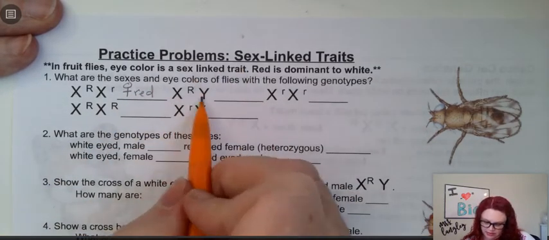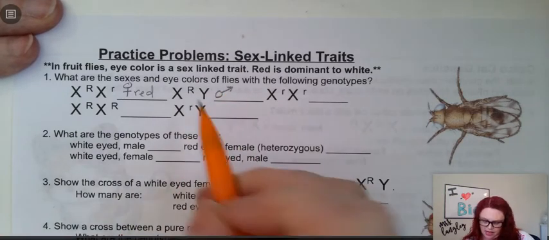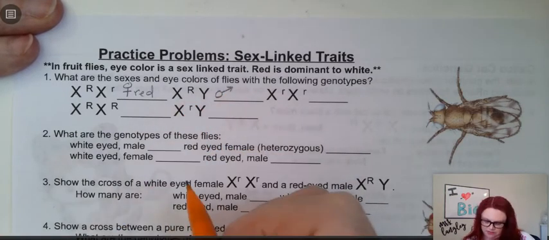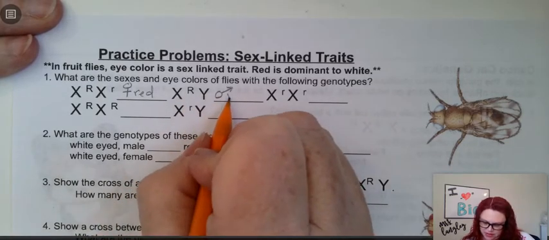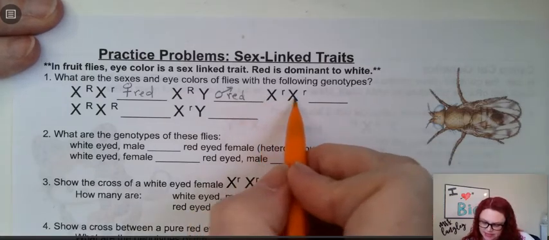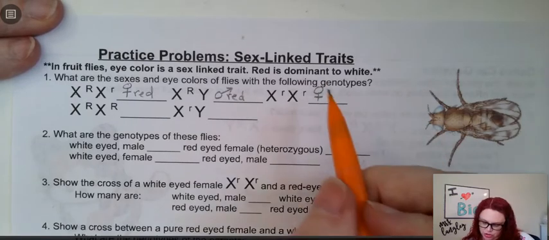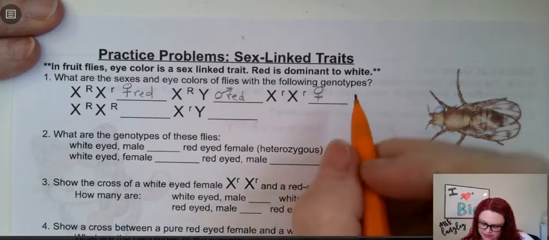X and Y, that tells me this is male. It has the dominant allele, so that means it is red also. X and X, that's a female. And 2 of the recessive, that means it is white.